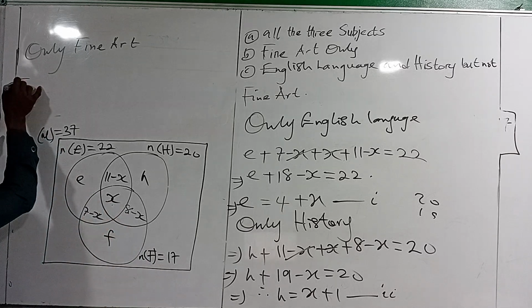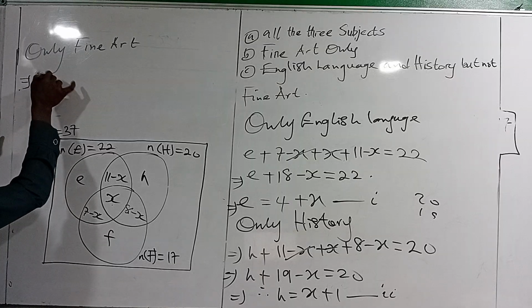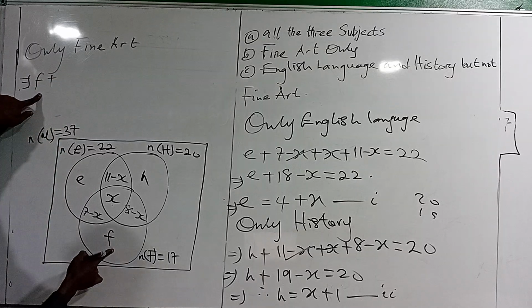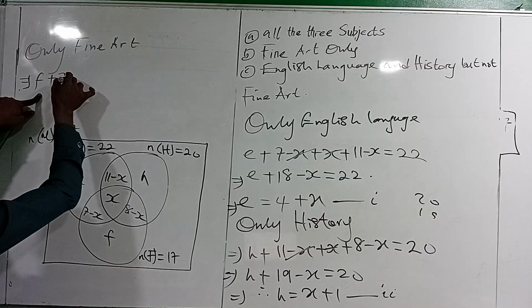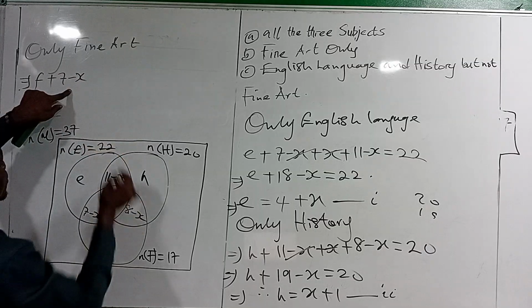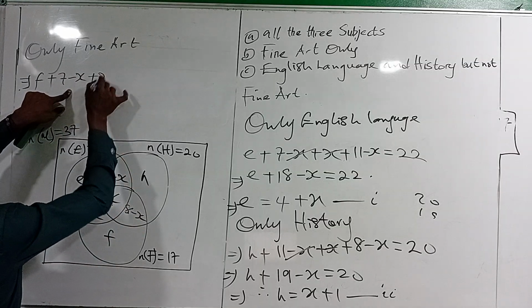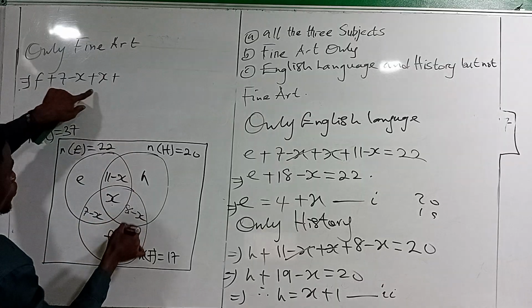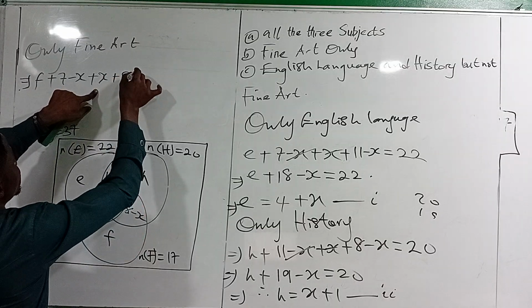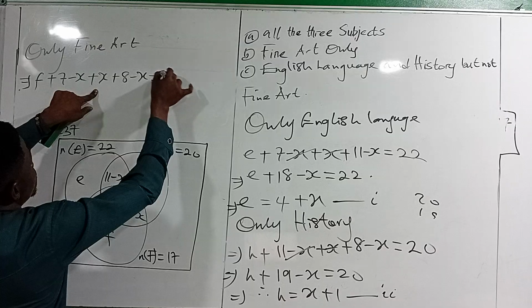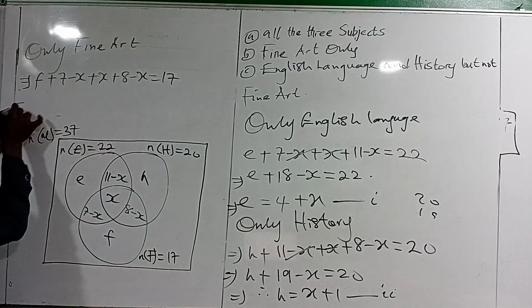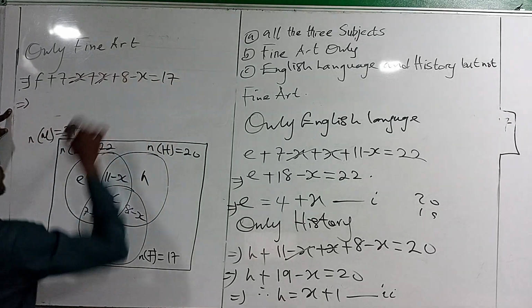So we have F plus F plus 1 plus 7 minus x, then plus 1 plus x, then plus 1 plus 8 minus x, then equal to 17. So this one will take care of itself.